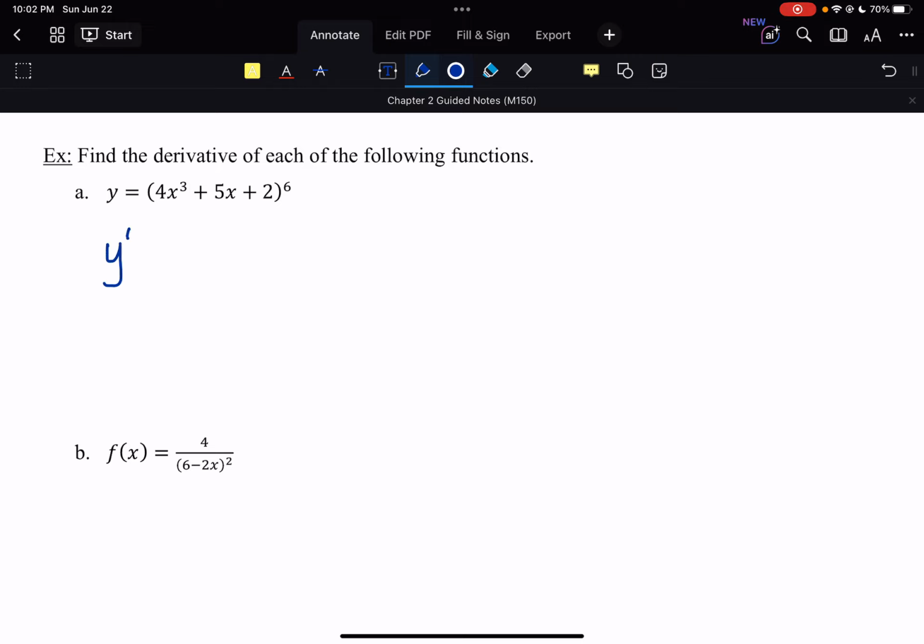So what we can do instead, we have the inner function here. The outer function is the power. So we'll take the derivative of the outside. So we bring down the 6. Subtract 1, so that's 5. Times the derivative of the inside function.